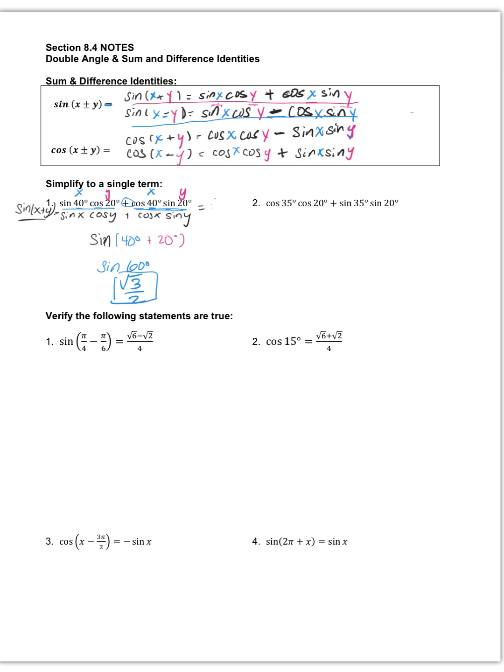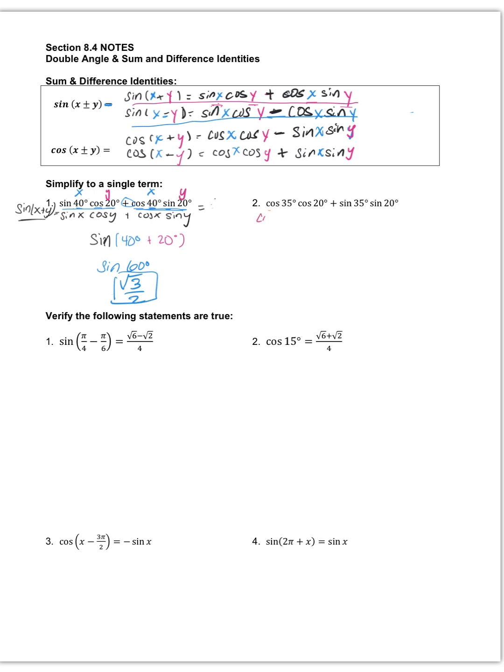Okay, for number 2, we have a cosine times a cosine plus a sine times a sine. So we don't want to use sine at all. We're going to use one of these two. I'm going to pay attention to what we have. Since this is a plus, and for cosine the identity with a plus in the expression is a minus, this has to be the difference.